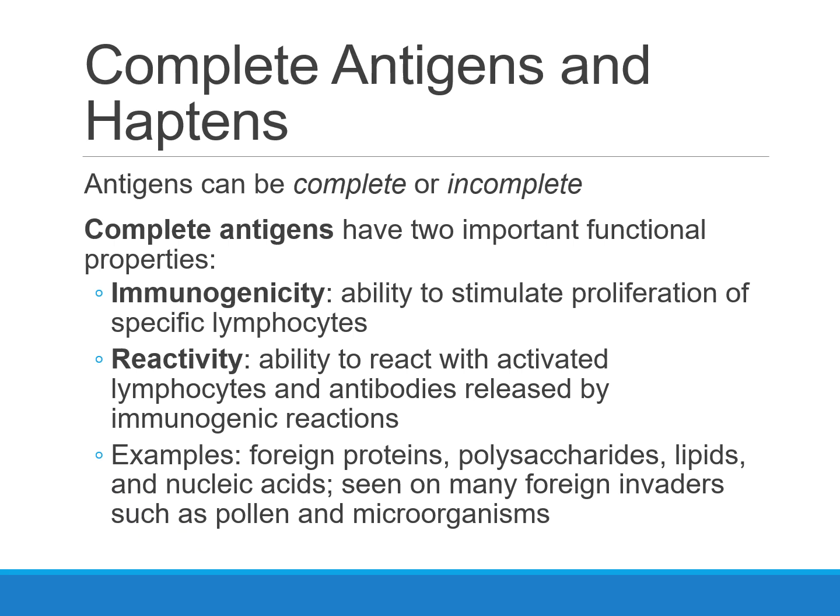It has the ability to react with activated lymphocytes and antibodies released by the immunogenic reactions. Examples of complete antigens are foreign proteins, anything that comes into your body that your body doesn't recognize, or polysaccharides, lipids, and nucleic acids. So anything that doesn't belong to you, which is what we see on a lot of foreign invaders like pollen and microorganisms.